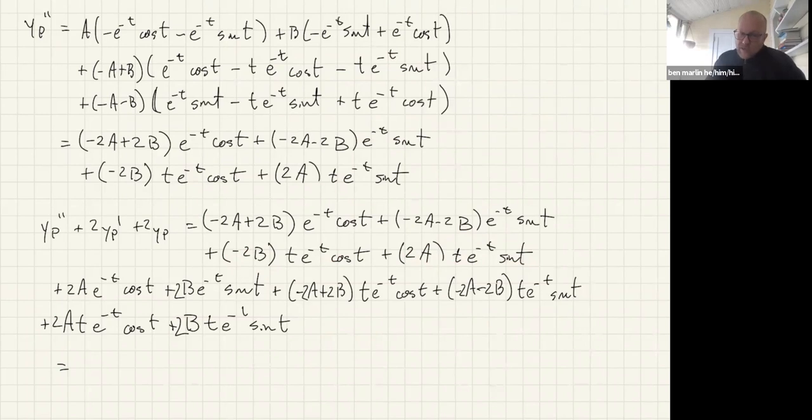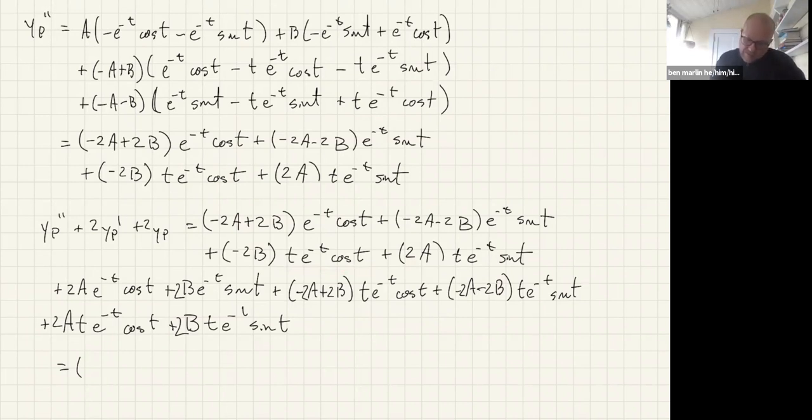I'm going to go ahead and work it out here, but if you haven't made an arithmetic or algebra mistake somewhere, this should always happen. So let's get the t e to the minus t cosine t coefficients, right?